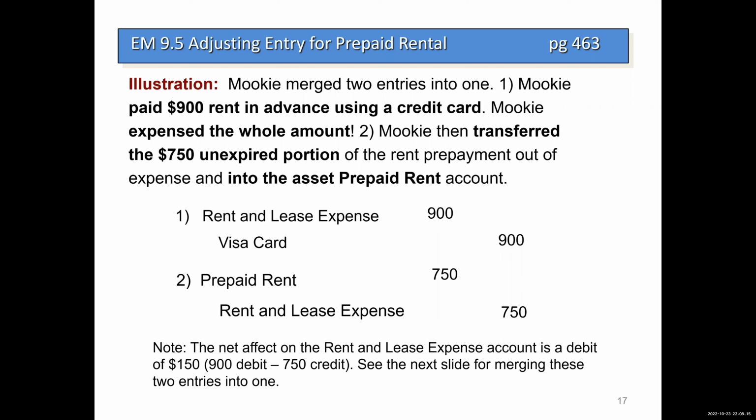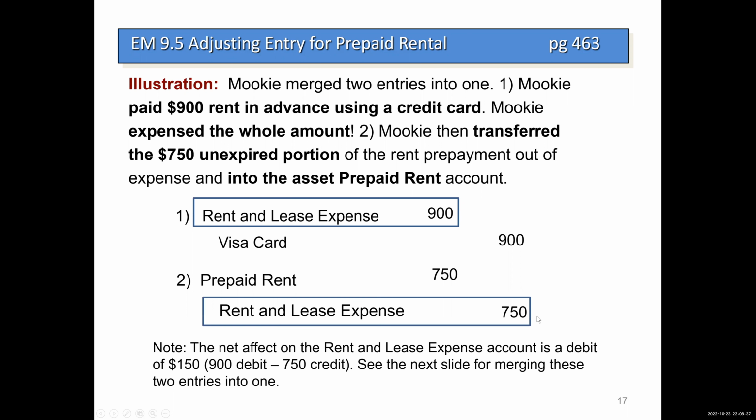Now, what the author did is they combined these two entries into one. Have you noticed here that you have rent and lease expense of 900 in this entry, but then when you move that unexpired amount into prepaid rent, you credit the rent and lease expense. The net of these two is $150.